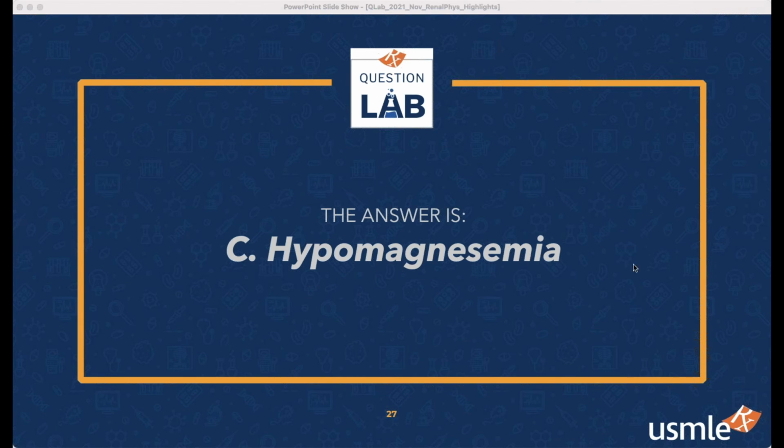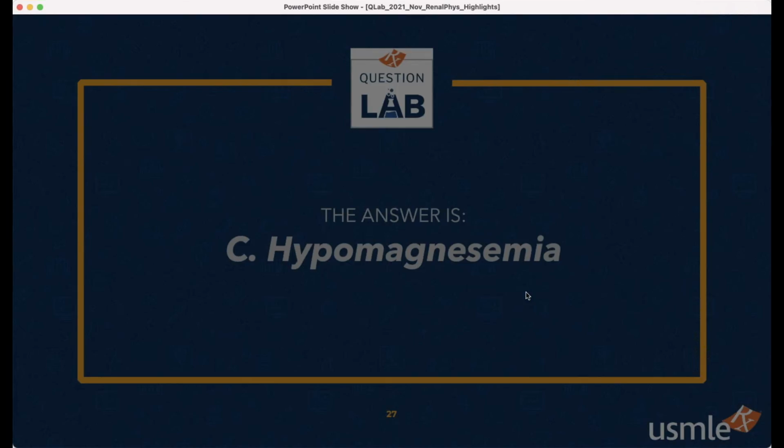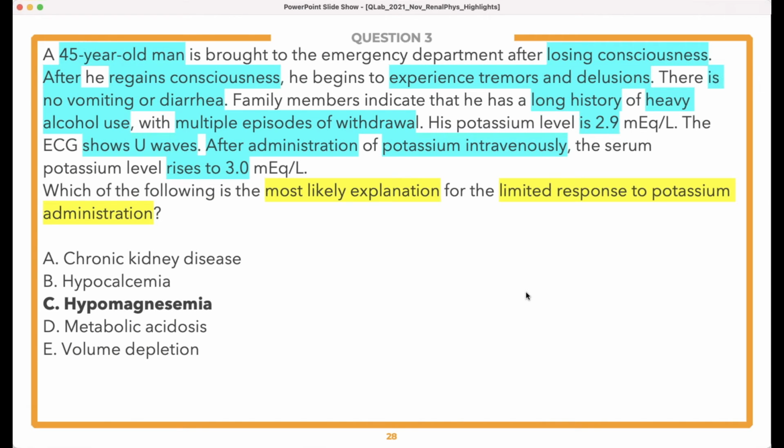Thank you, Jeff. Yep, definitely a good question. Nice job, guys, on picking up what's going on here. Okay, so this patient has hypokalemia that is unresponsive to supplementation, especially IV supplementation. Now in the setting of heavy alcohol use, the most likely reason is hypomagnesemia.